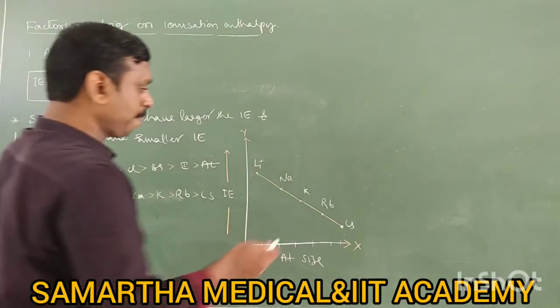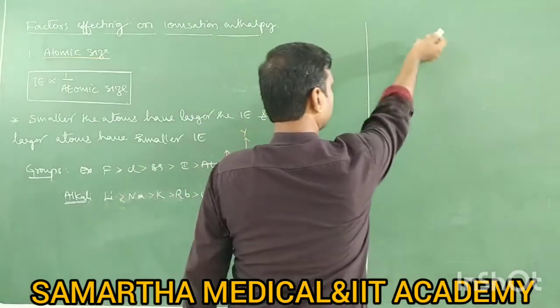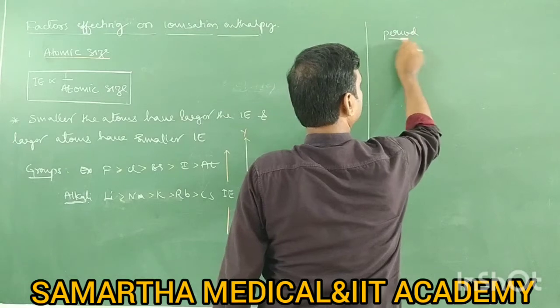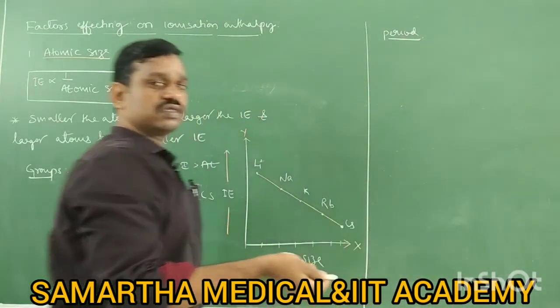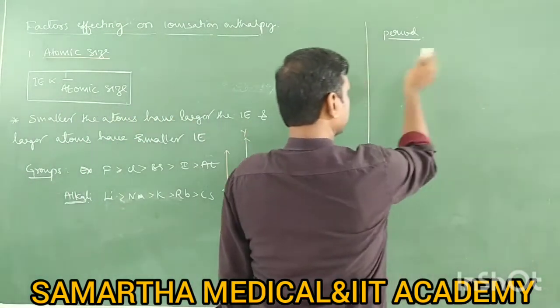Next, similarly, we have one graph for ionization enthalpy in a period. In a period, from left to right atomic size decreases, therefore ionization enthalpy must increase.